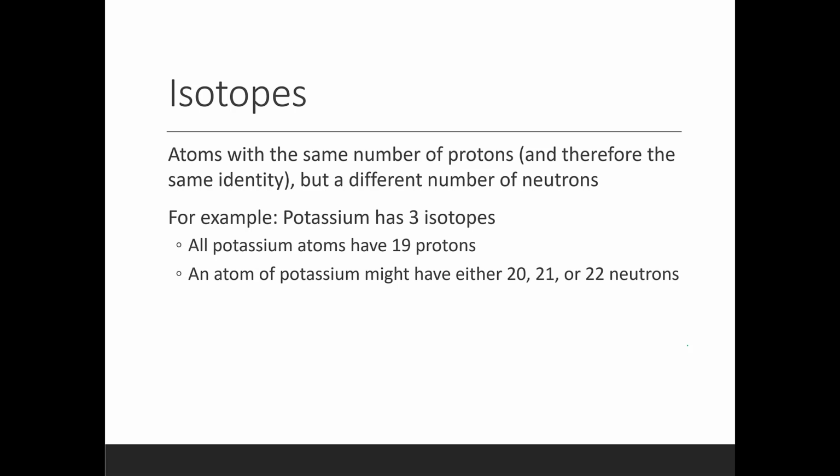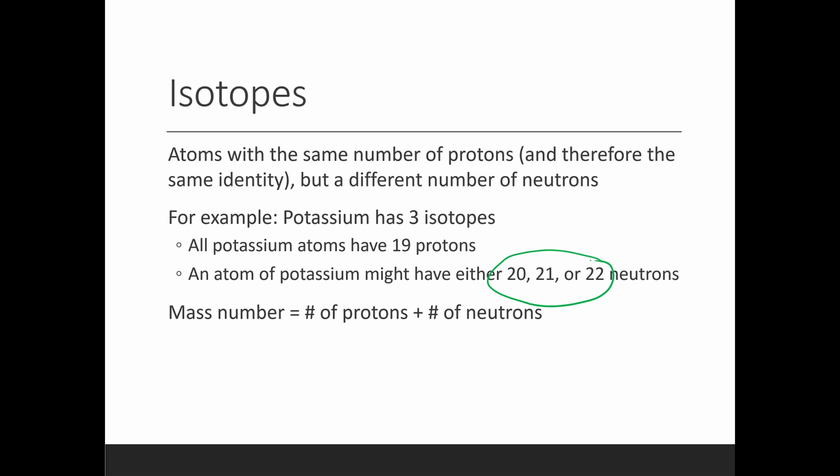We know that all potassium atoms have 19 protons. If we look at potassium on the periodic table, we see 19, right? But any atom of potassium might have either 20, 21, or 22 neutrons. These 3 are different isotopes of potassium.